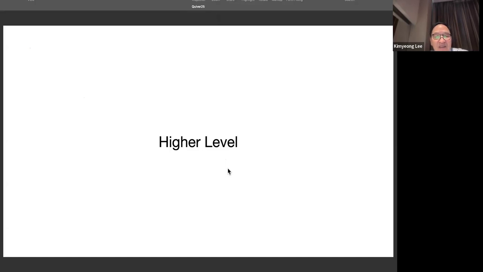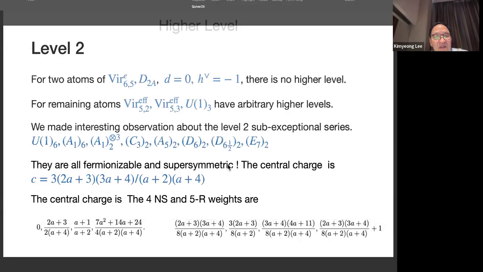So now let's look at the higher level best generator model for this series. Now for 2 atoms, the 3-state Potts model and the product of Ising and tri-critical Ising models, their dimension is 0 and the dual Coxeter number is -1.